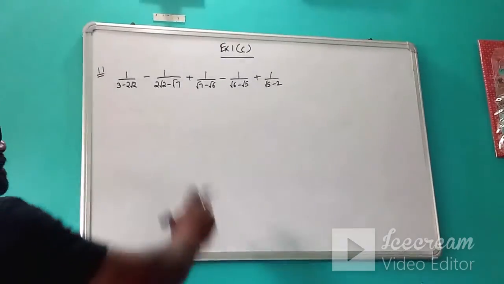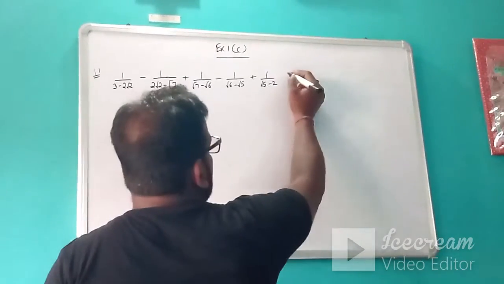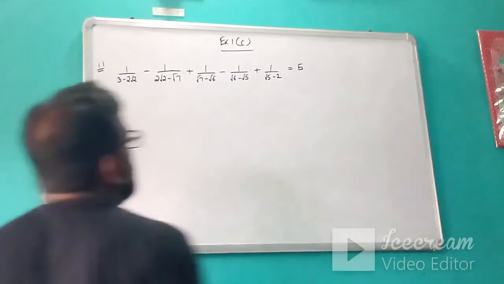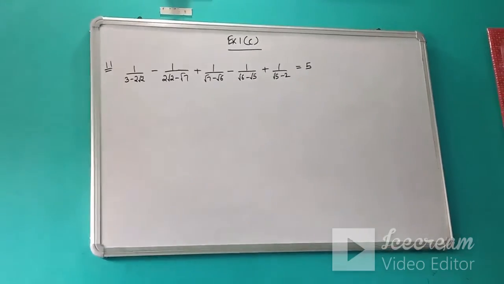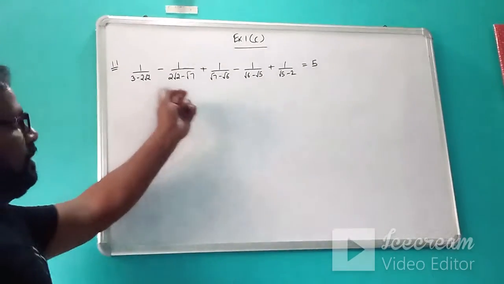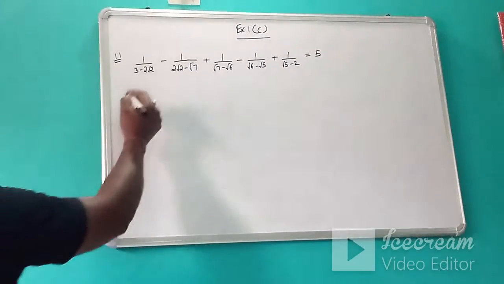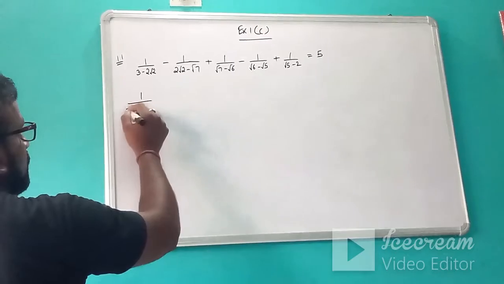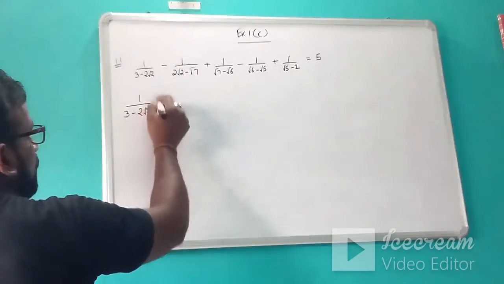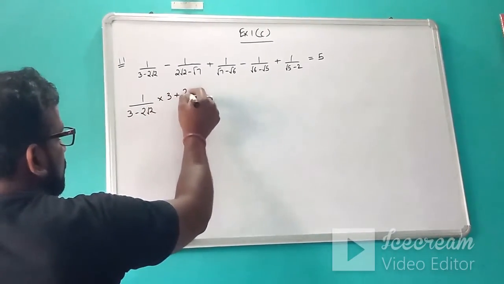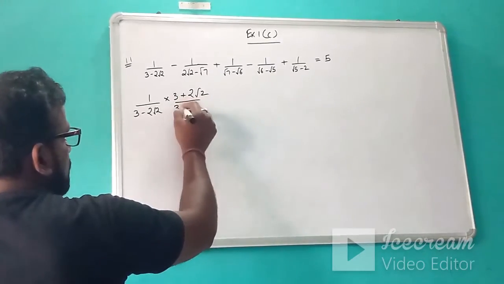So okay, now this is given and we have to prove this expression is equal to 5. So how to solve questions like this? First, do not take the LCM of all the denominators. Instead, you will take each and every term individually and multiply each term by its rationalizing factor.